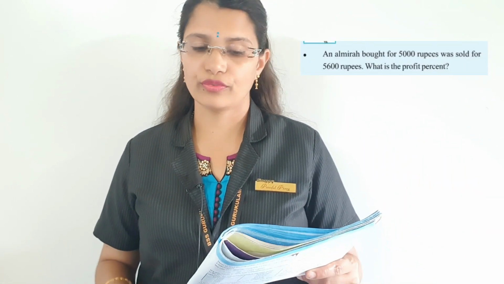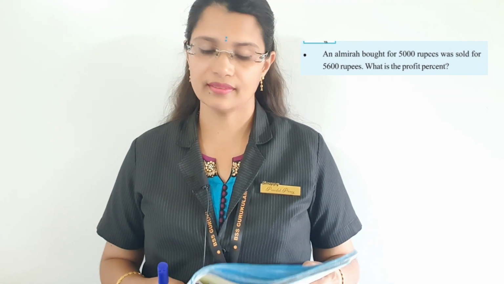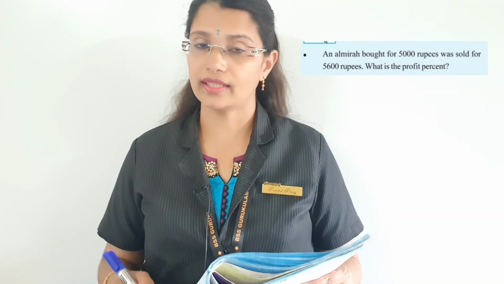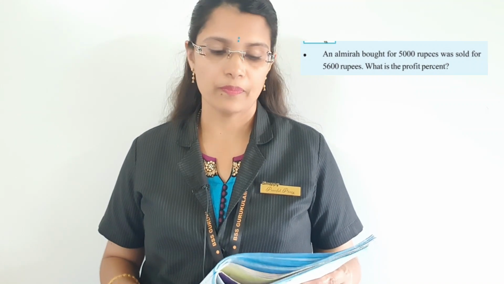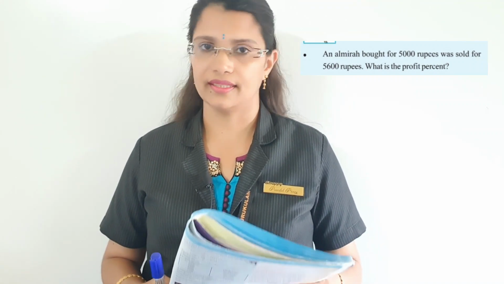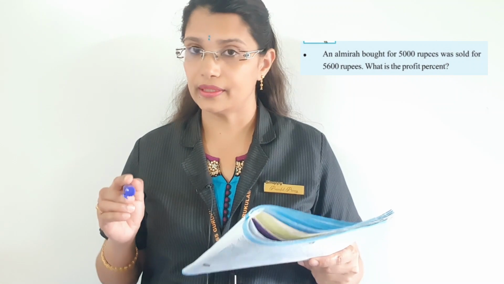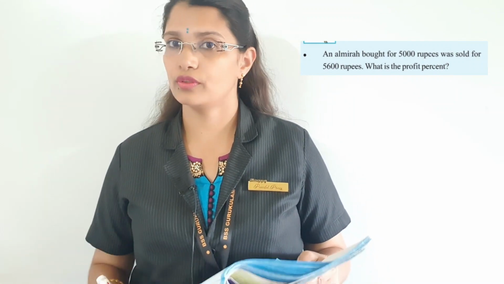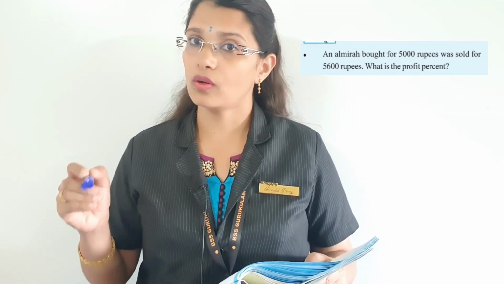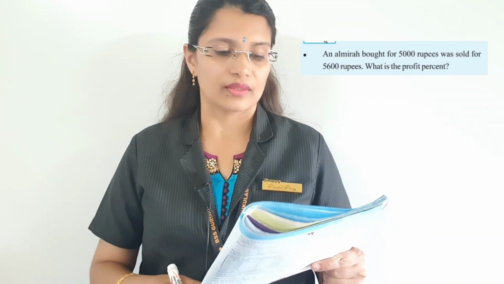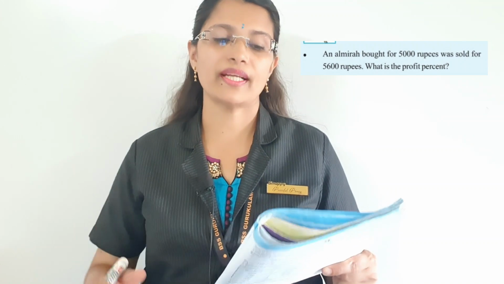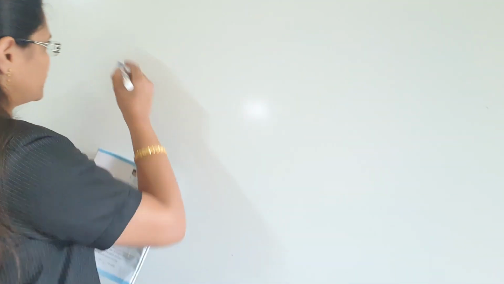Children, take page number 136. The first question. An almirah bought for 5,000 rupees was sold for 5,600 rupees. What is the profit percent? Here we have to find out profit percent. What is the formula, children? Profit upon cost price into 100, right? So, the cost price of an almirah is 5,000 rupees.